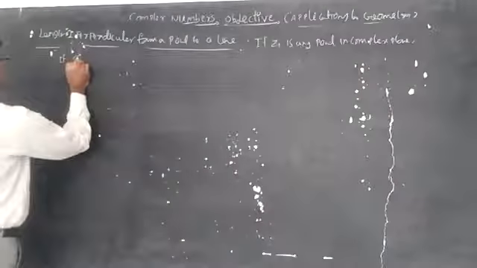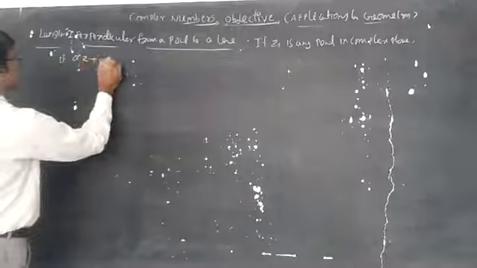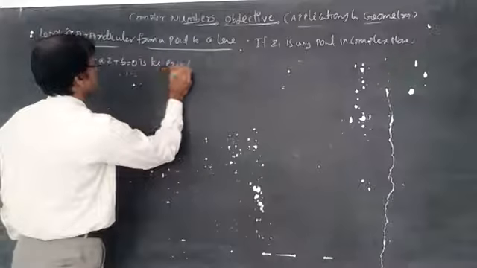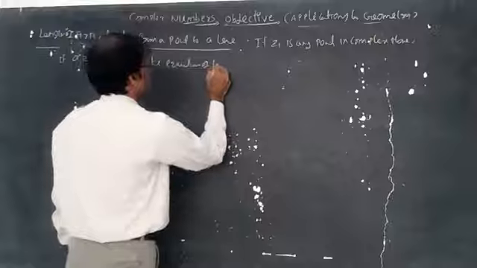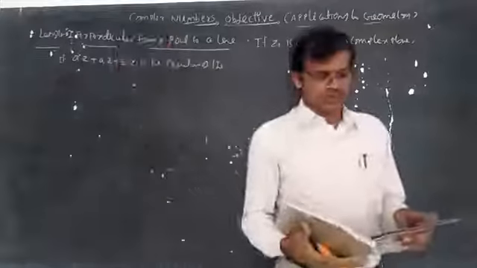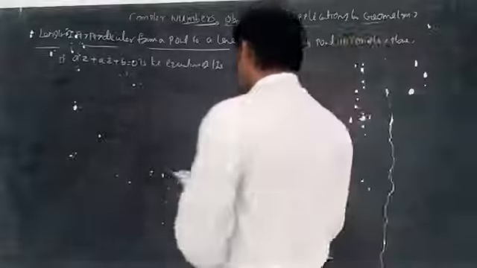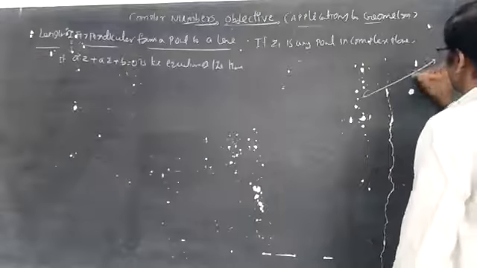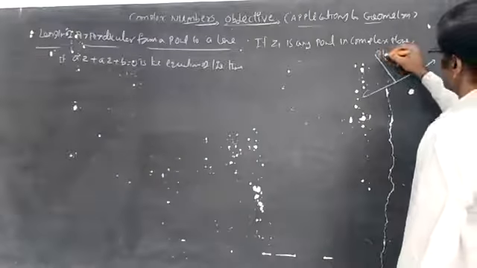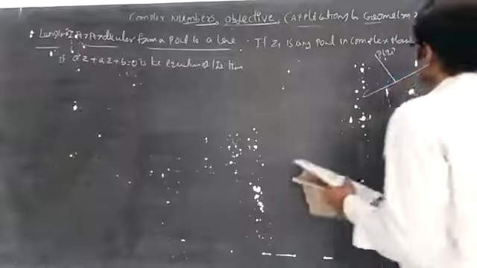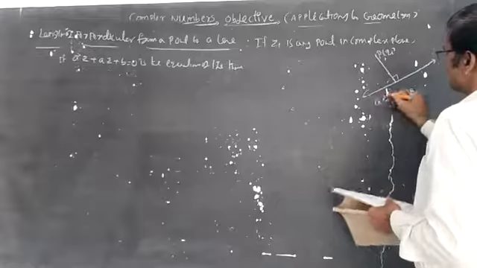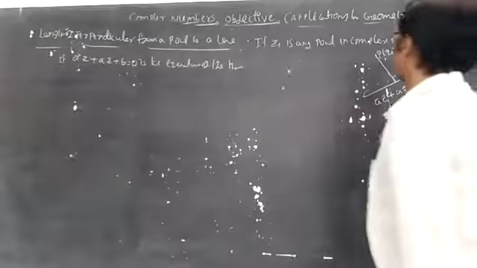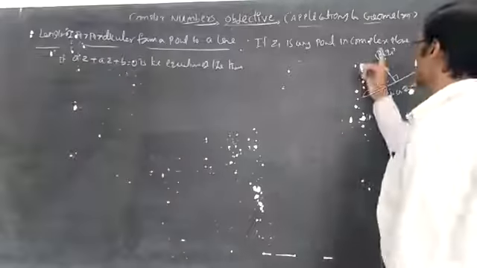If A bar Z plus A Z bar plus B is equal to 0 is the equation of the line, then the length of the perpendicular, in the complex plane, from the point P(Z1) to this line A bar Z plus A Z bar plus B is equal to 0, we should calculate here the perpendicular distance.